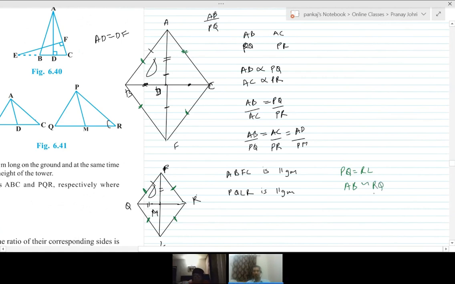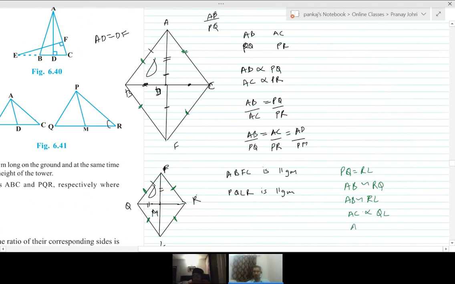And the same for AC and QL. Since AC is proportional to PR and PR is equal to QL, AC is proportional to QL. And since AD is proportional to PM and PM is equal to LM, AD is proportional to LM.